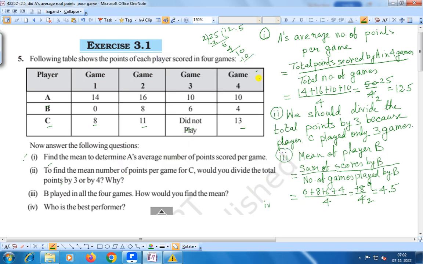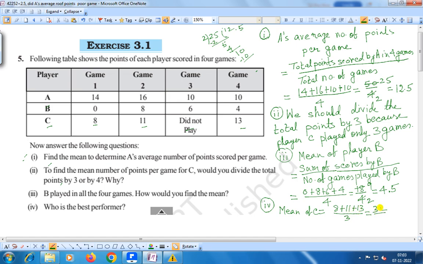We will find the mean of C. The mean of C is equal to the sum of scores by C divided by the number of games played by C. The sum of the scores by C is 8 plus 11 plus 13, and the number of games played by C is only 3, not 4. Adding the numbers, we get 32.